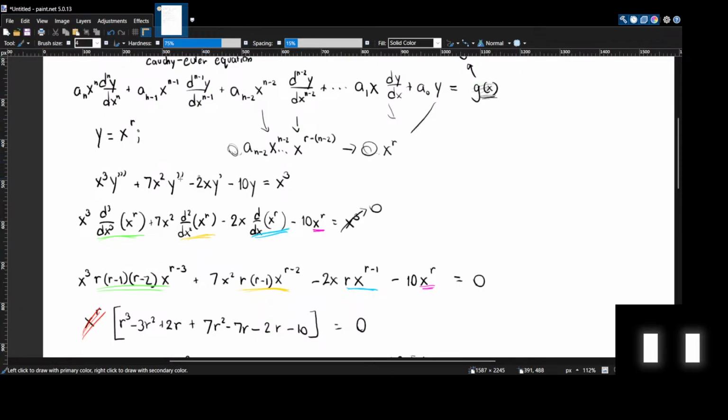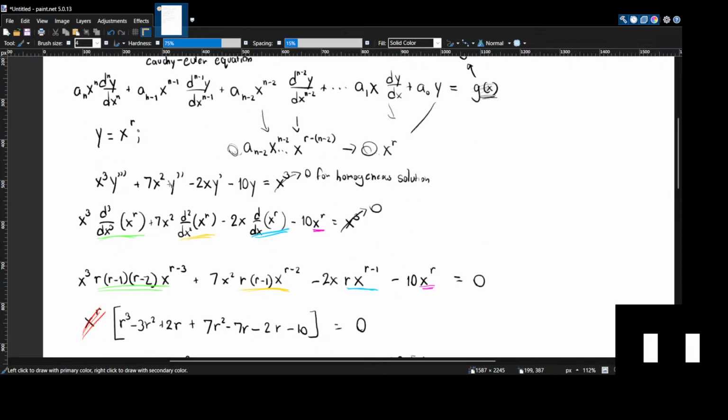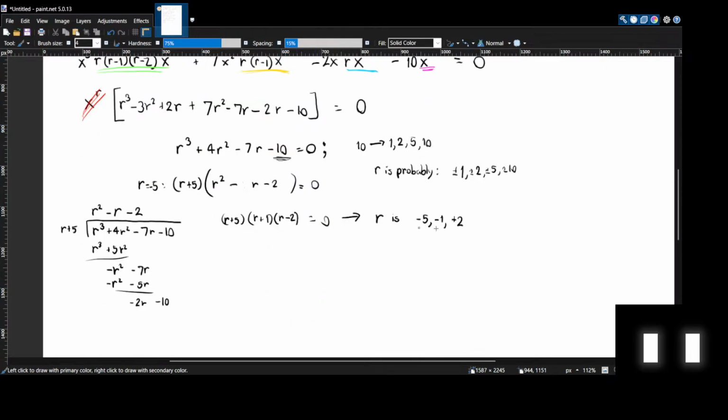Therefore, if we plug this back in, we're gonna get 0. Yeah, we found r from assuming that y equals x to the power of r. And those r are these guys.